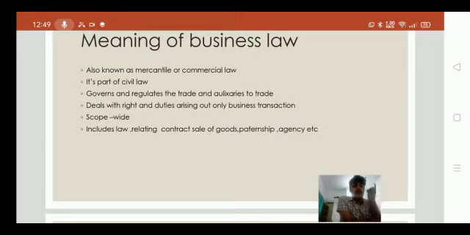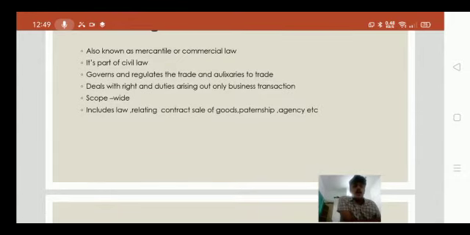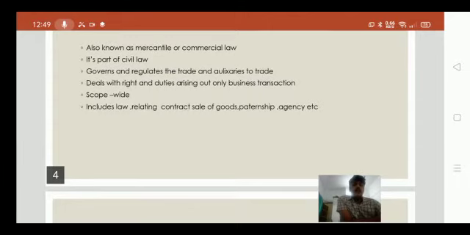It regulates trade and the auxiliaries to trade, and it deals with the rights and duties arising out of business transactions.